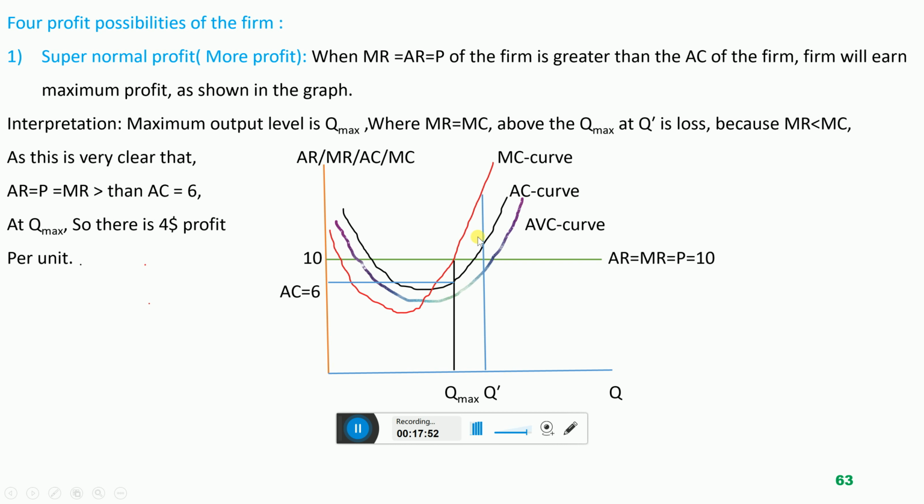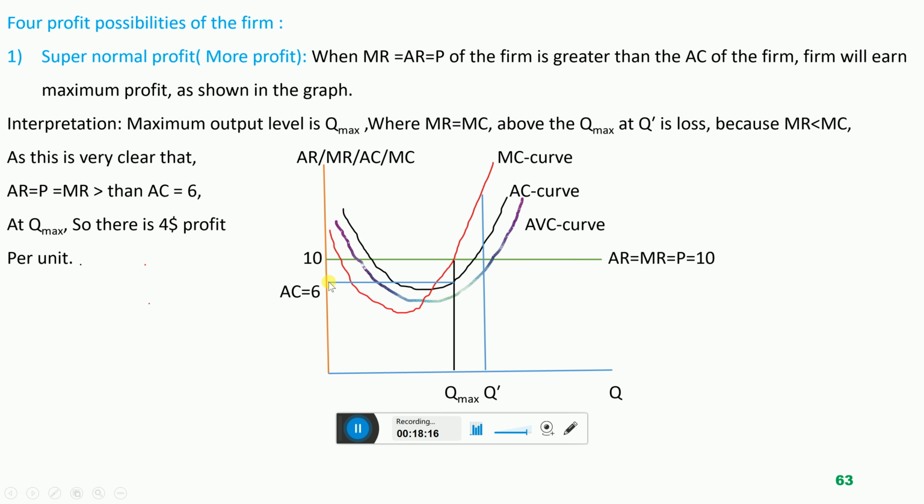So at quantity maximum of 50 units, this intersects the average cost here. So how much is the average cost? $6. This means that when the company is manufacturing at quantity maximum, the average per unit cost is $6.